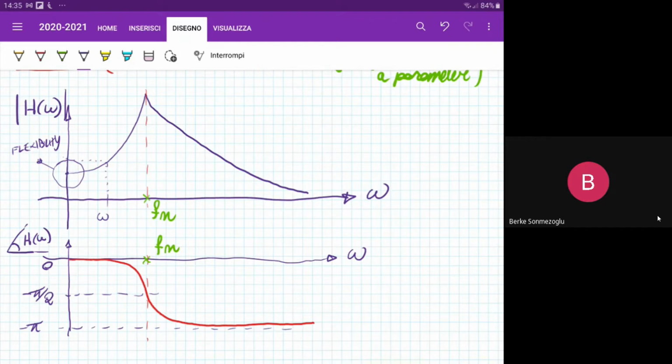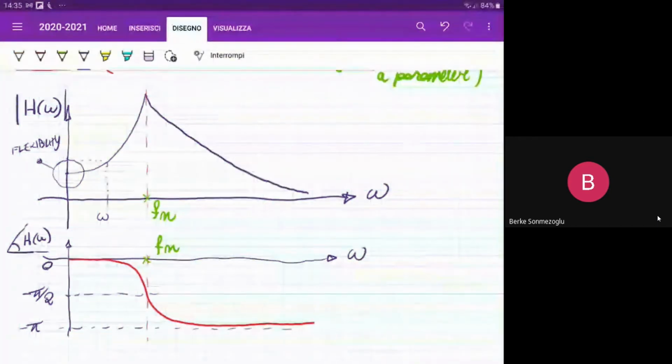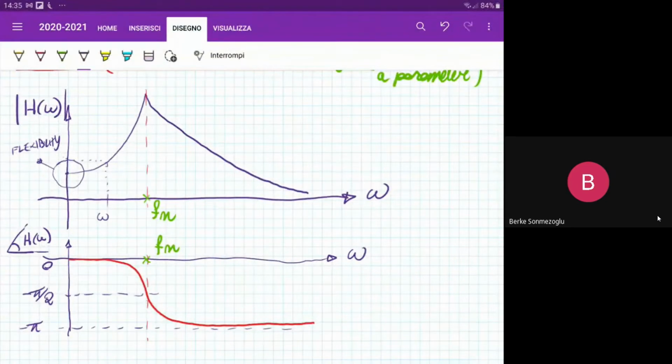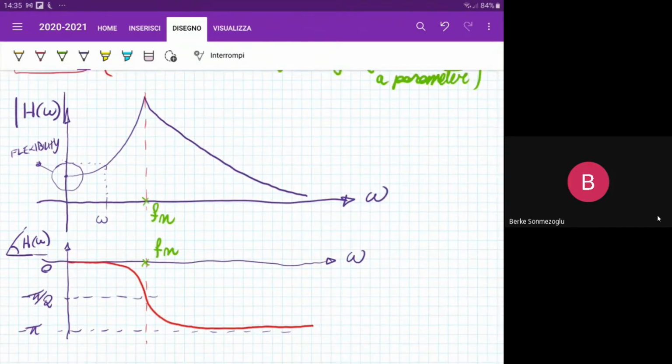Because it starts playing a very interesting game. The two forces, the inertia and the elastic reaction of the system, so that the output response starts having a higher amplitude than expected from the static behavior. And this amplitude is going higher and higher as the frequency is approaching the natural frequency of the system.